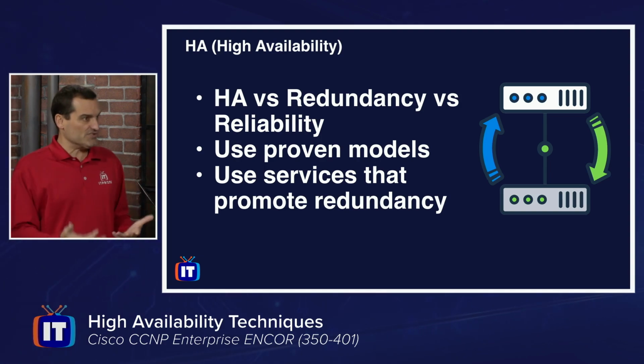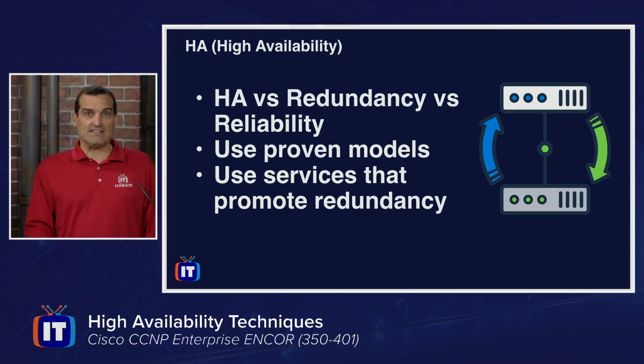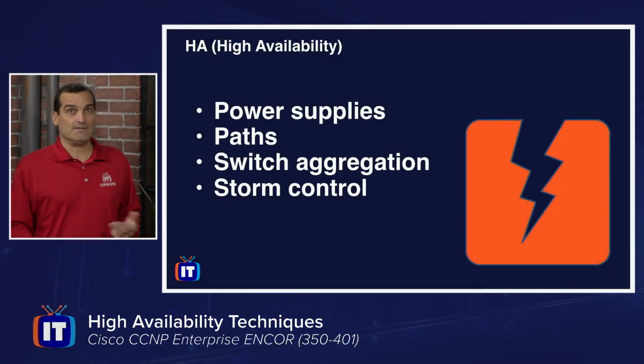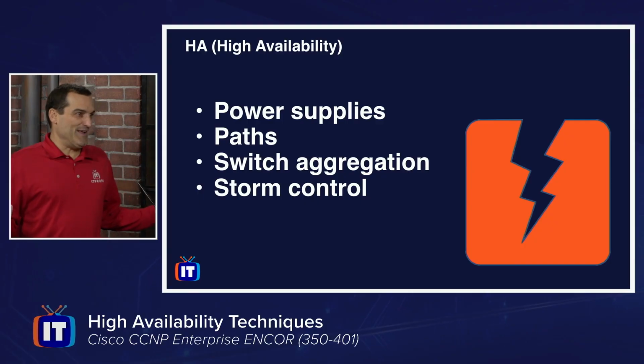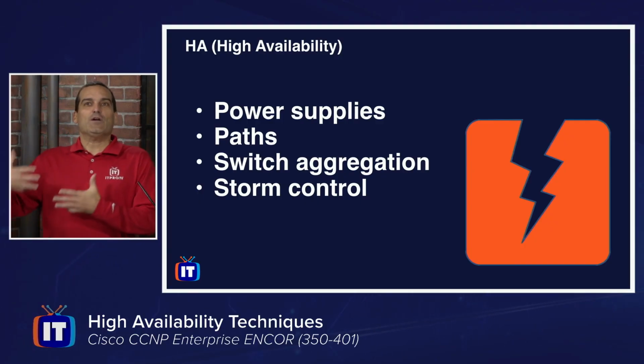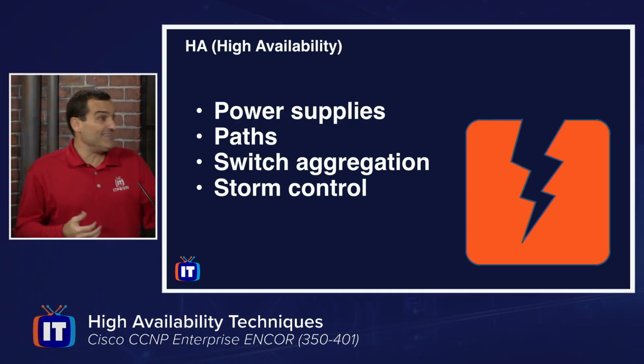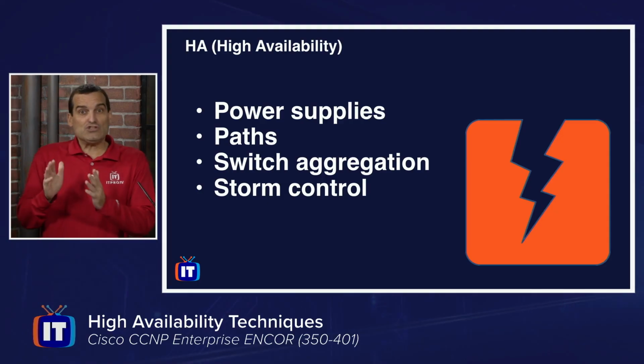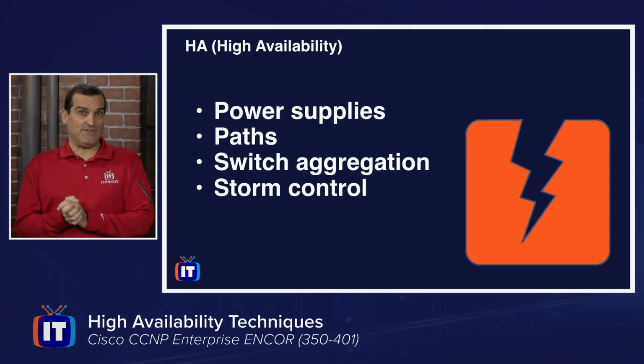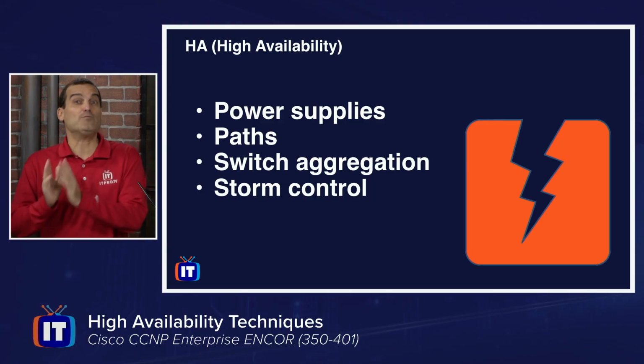So we want to target services that can actually help us in this regard as opposed to hurt us. Power supplies, we mentioned it. You often see those done redundantly to help with HA. Pathing through the infrastructure: don't just have one path for traffic to take to get to HQ, have multiple paths.